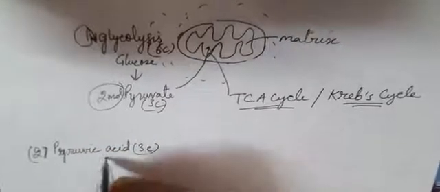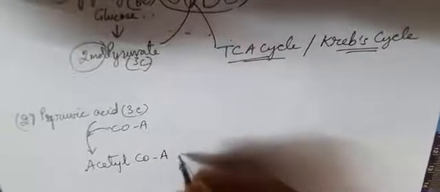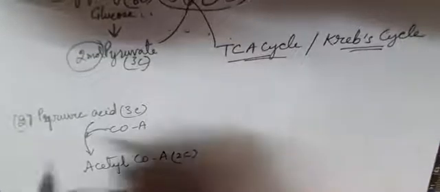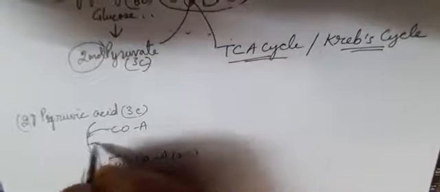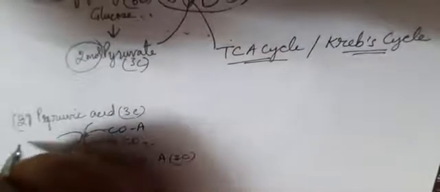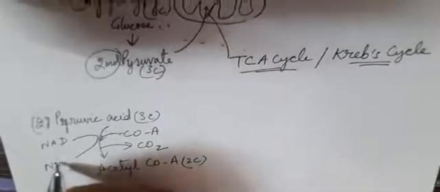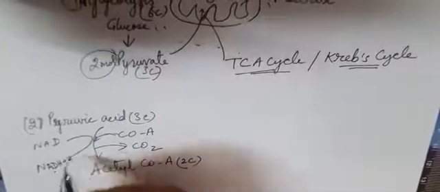This pyruvic acid will require coenzyme A to combine with acetyl coenzyme A, which is a 2 carbon compound, by releasing carbon dioxide and by getting reduced by NAD to NADH plus H.